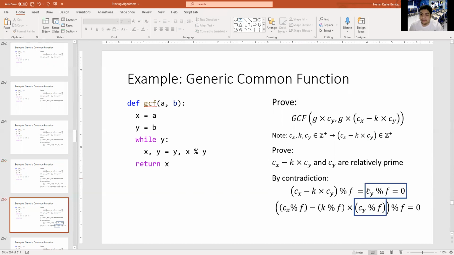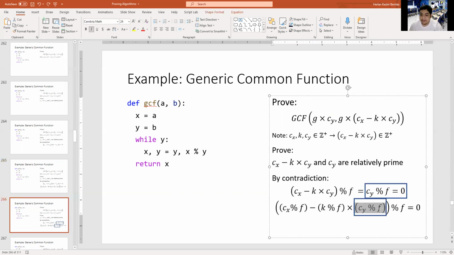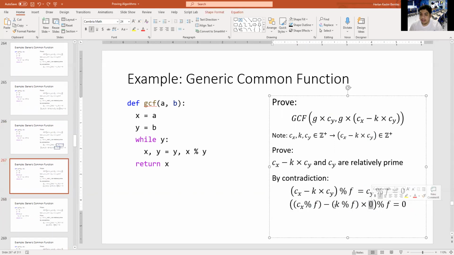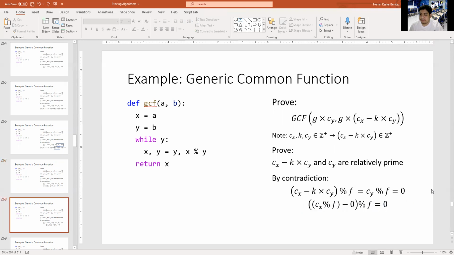And you'll notice we have a cy modulo f term here. Because of our assumption, f is a factor of cy, thus there's no remainder, so cy modulo f should be 0. So that becomes 0, and whatever value k modulo f is, multiplied by 0, should be 0.